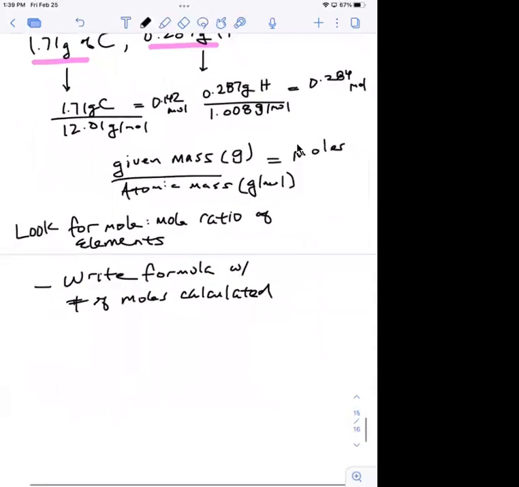We write C right here, and the number of moles for carbon, we just showed that up here, 0.142. And then H was 0.284. Now, how many of you have ever seen a molecular formula written with decimals? Anybody?